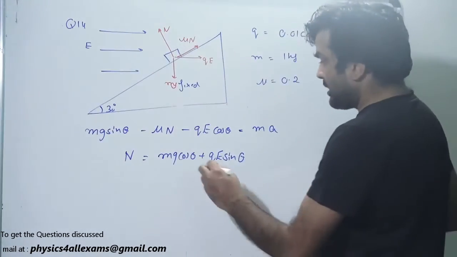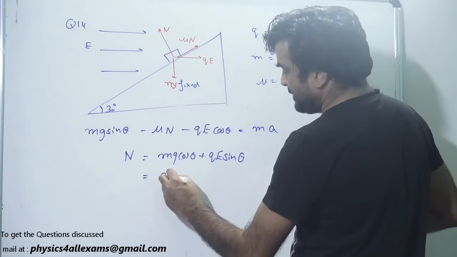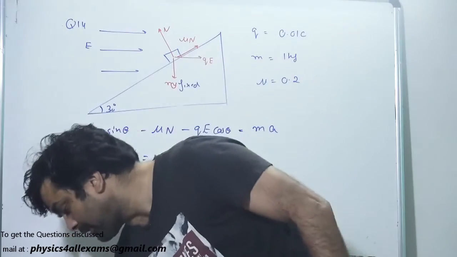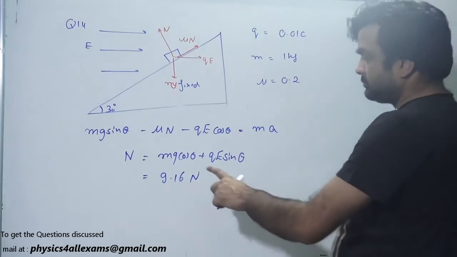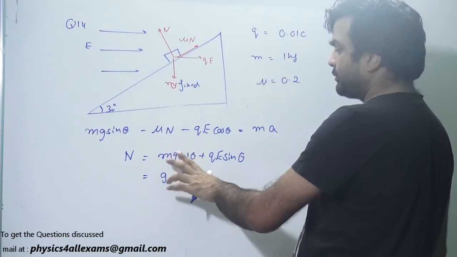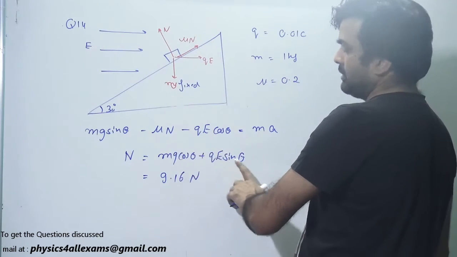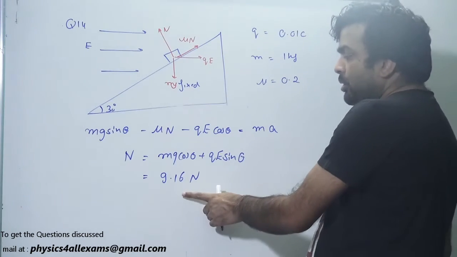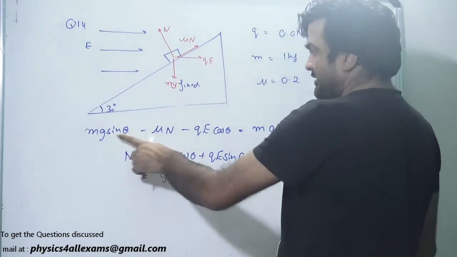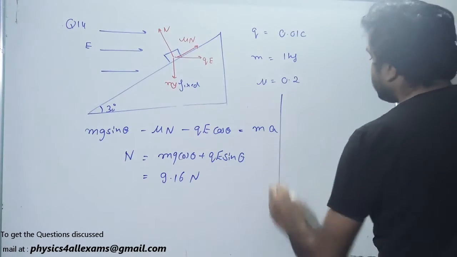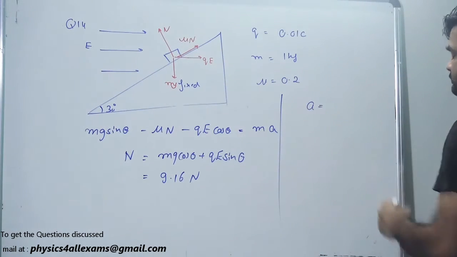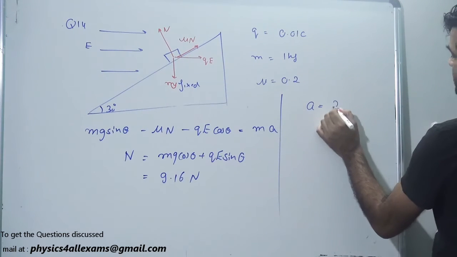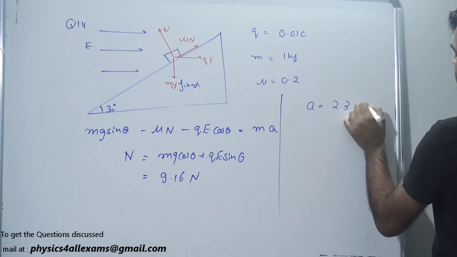The value of N comes out to be 9.16 newton. We are using the value of mass, g, everything is known, cos 30 is known, charge is known, electric field is known, and then if we put the value of N in this equation, the acceleration will come out to be 2.3 meter per second square.